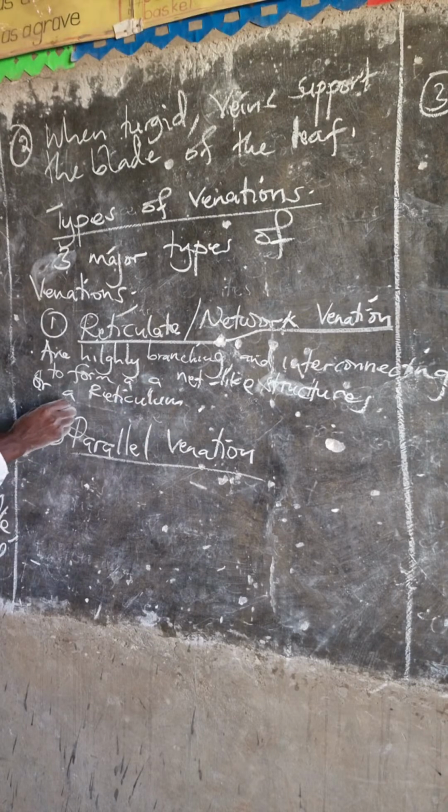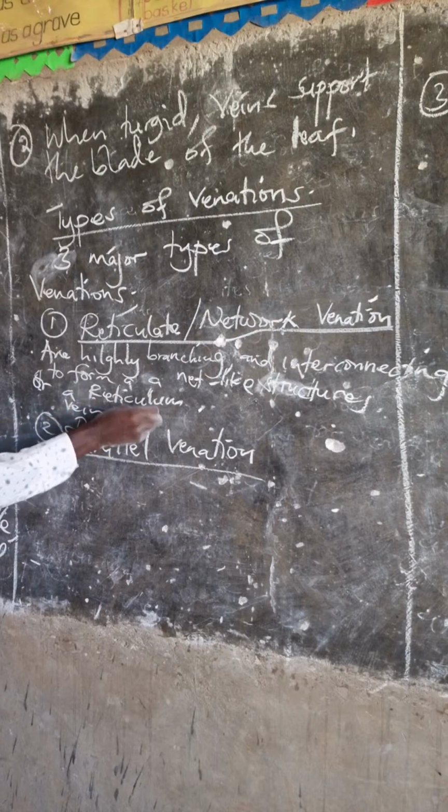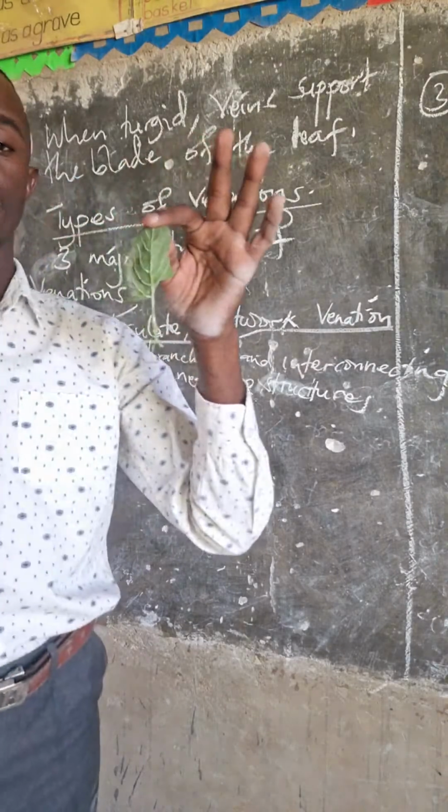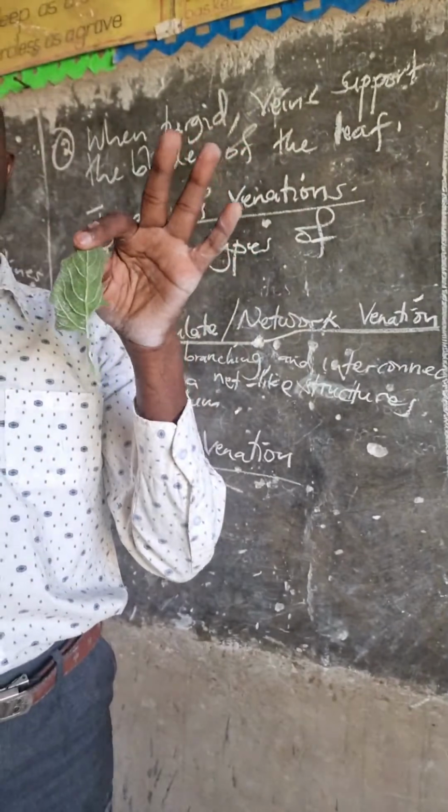And we said that the veins are of different sizes. We are talking about the network leaf venation.